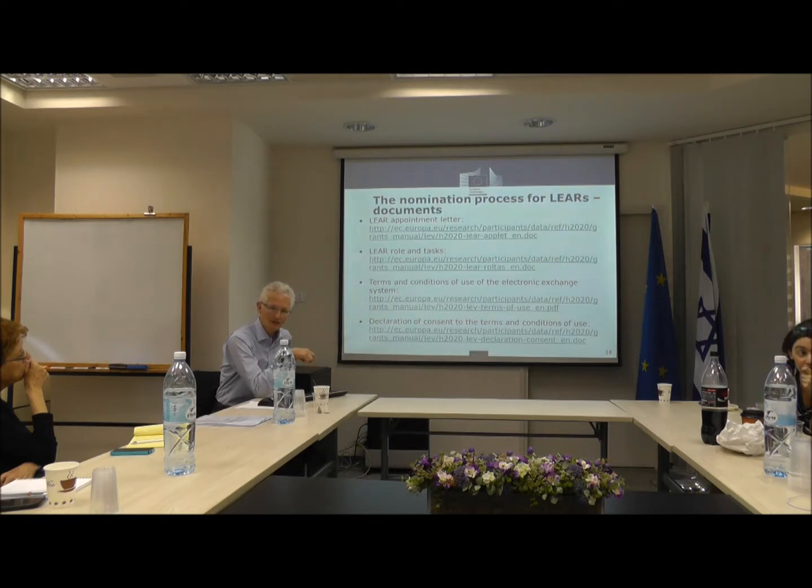And you need a second paper proving that this person, the physical person, is actually in that position. And then you need the ID cards or passport copies of both the LEAR and the legal representative. And all this has to be sent on paper to our validation service. So that is really a heavy process, but as I said, that's the process for establishing this chain of trust. All the rest is done fully electronically.